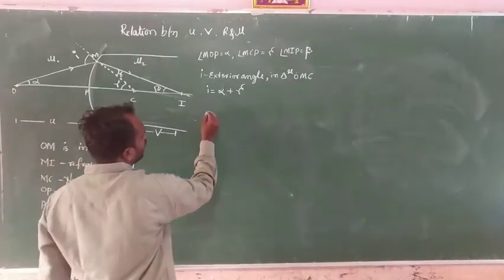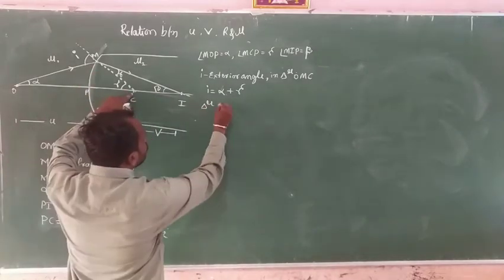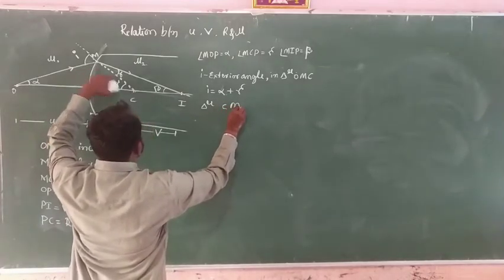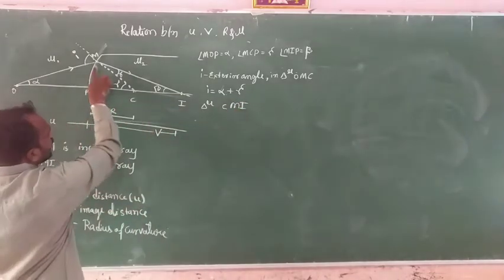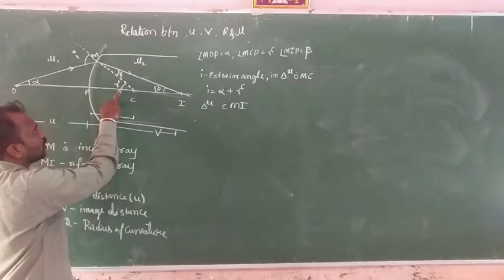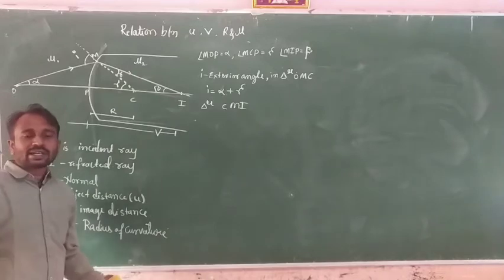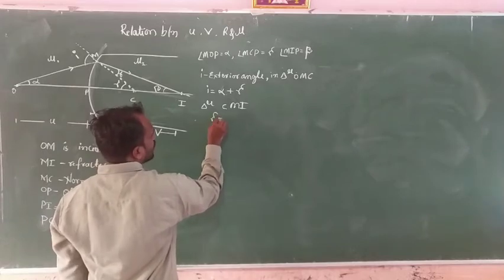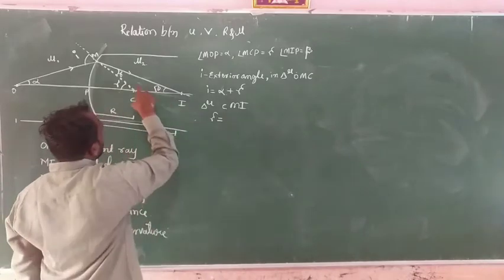And another triangle, CMI. In this triangle, gamma is the exterior angle, and r and beta are the interior opposite angles. So the exterior angle is equal to the sum of the interior opposite angles.